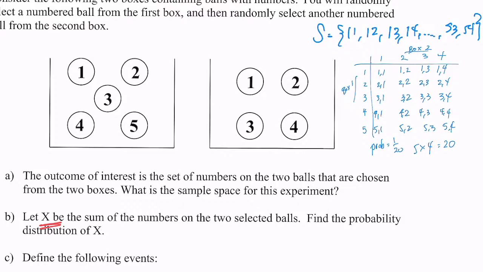Anybody have the answer? It's discrete because I'm going to be able to write down all the possible outcomes. Means it's discrete. Okay? It's continuous when it's infinite possible outcomes.